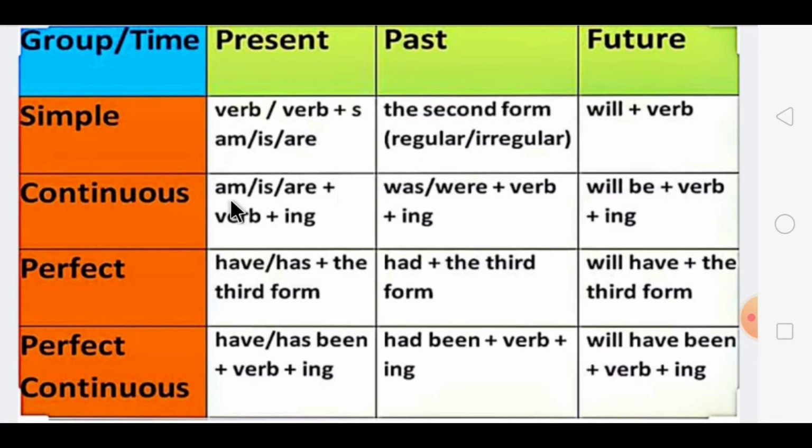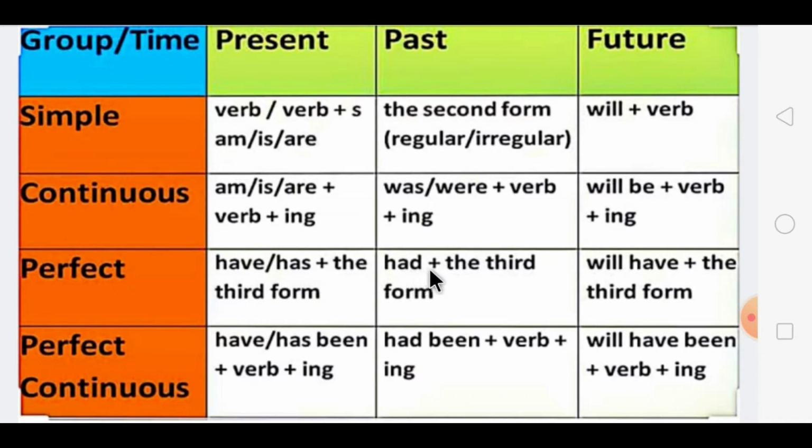Then the next one is past continuous tense. In that, according to the subject, we use was and were plus ing form of the verb. Then the third one, that is past perfect. In that we use had.